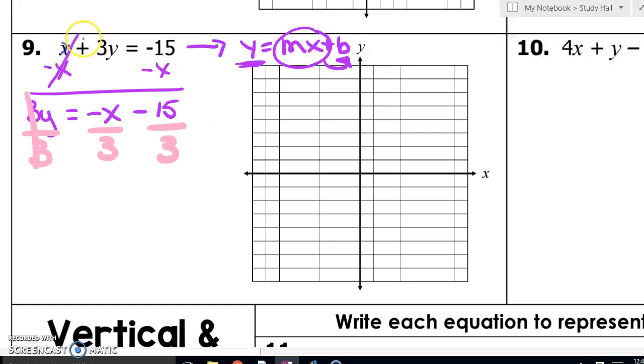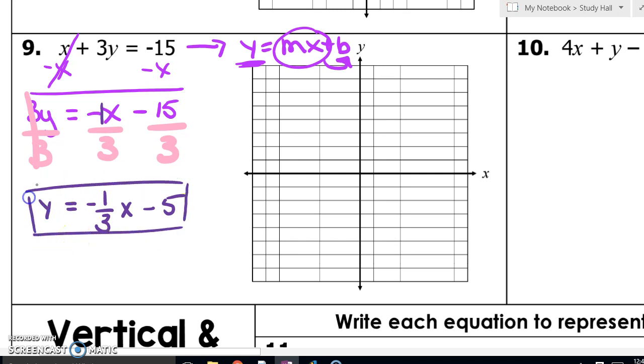And if you think about the coefficient here being -1, that'd be -1/3 x minus 5. Okay, so my y-intercept is -5, and my slope could be up 1 and to the left 3, or down 1 and to the right 3. Either way, it's the same line.